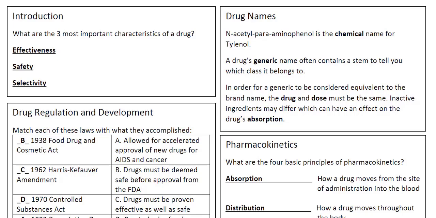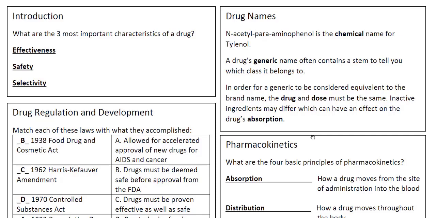Long term, it has the risks of gastric bleeding and ulcers. And finally, selectivity. Selectivity means that a drug only has the effect that it is intended to, or it only acts on its target. It's important to remember that all drugs can cause side effects and none are completely selective.